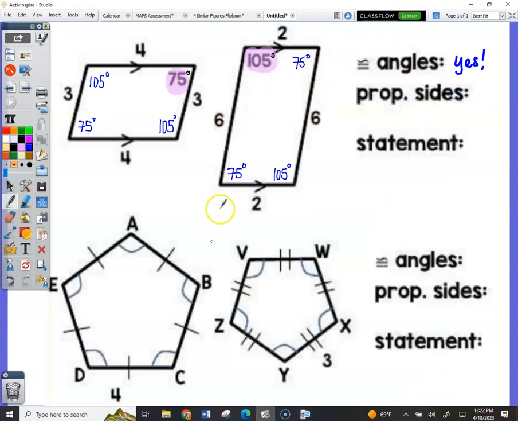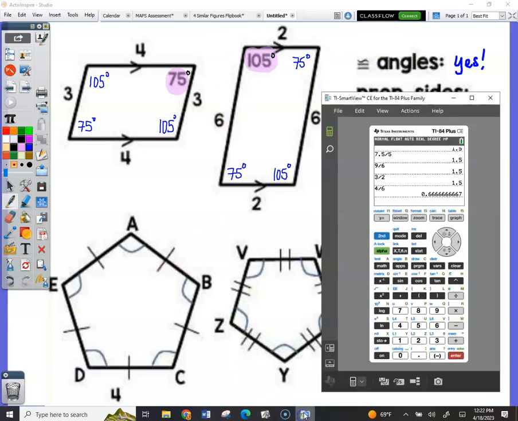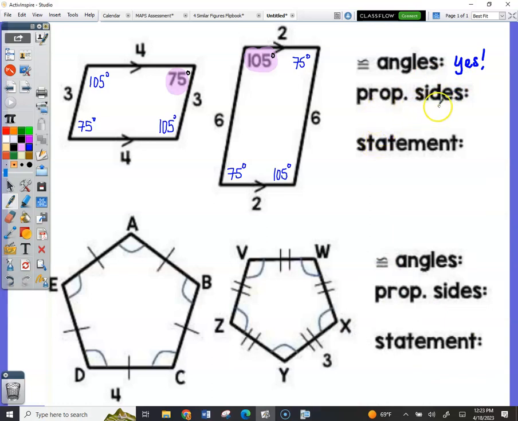So look what just happened here. Look at my numbers. What do you notice? We got 1.5, but then all of a sudden now we've got 0.6 repeated. So when we set this up, are the sides proportional? The answer is no. This was the small, this was the large. There's no medium.